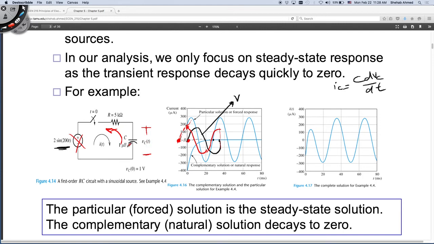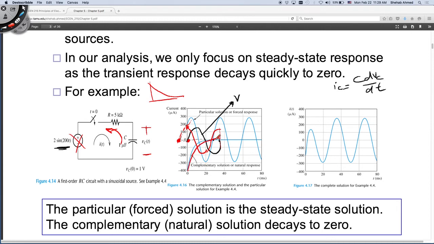Note that the direction of the current is opposite: one way is charging, the other way is discharging. So this capacitor's voltage will decay, and the current flowing through it will also decay.